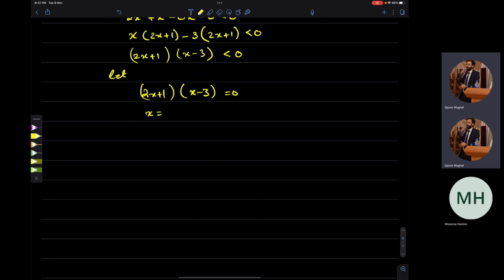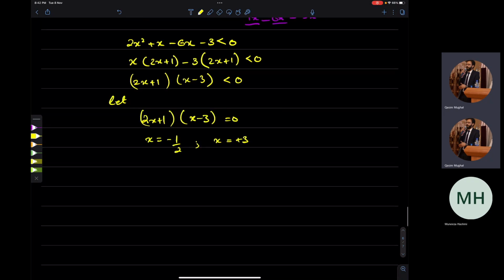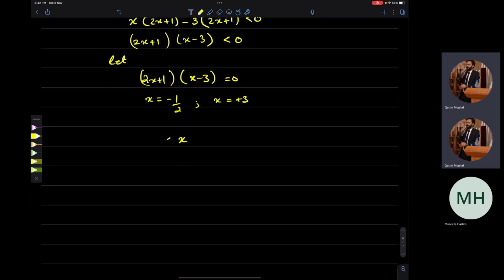And from here, you can say x equals negative 1 by 2 and x equals positive 3. Now, in the case of less than, the solution was between the two roots. And this is how you're going to write them down. So x with less than signs on both sides, and negative 1 by 2 comes here, positive 3 comes here.